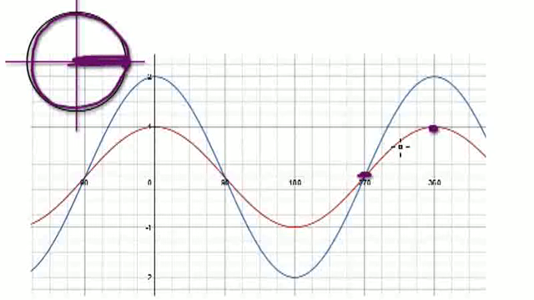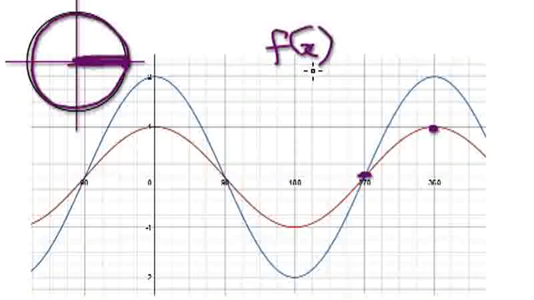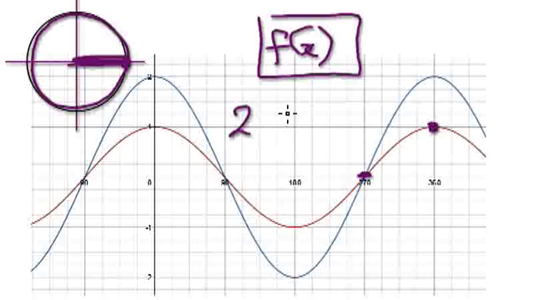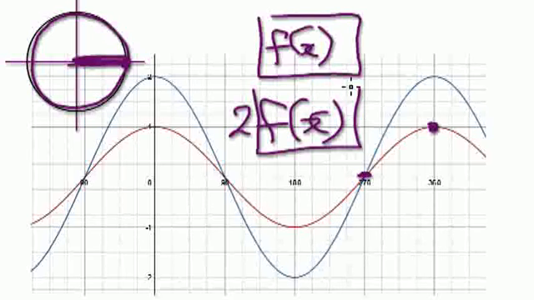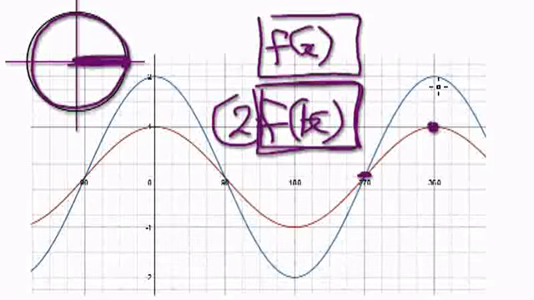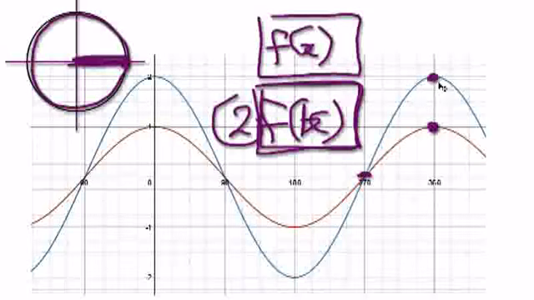So f of x here is 1. For 2 f of x, what's in here is 1 times 2. That's why this point here gets multiplied by 2.